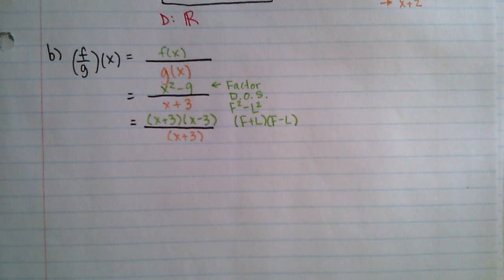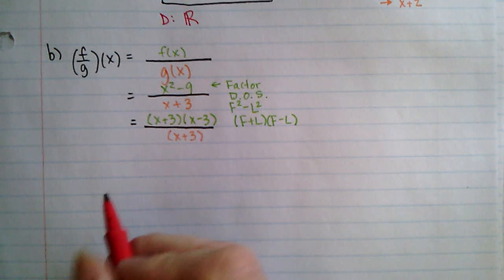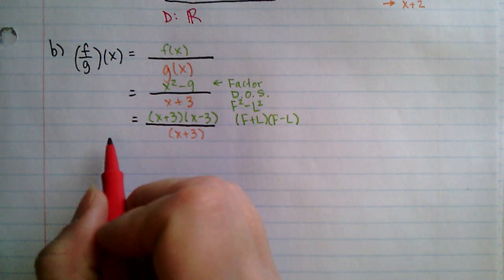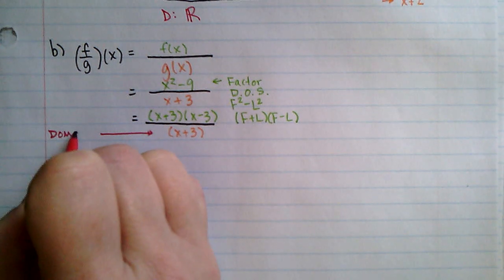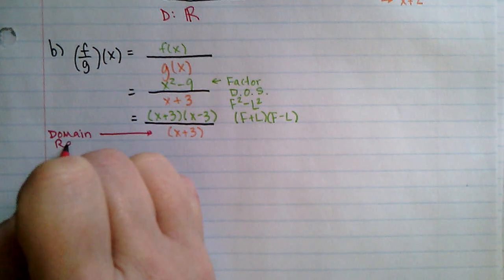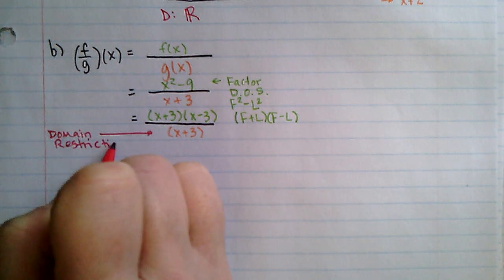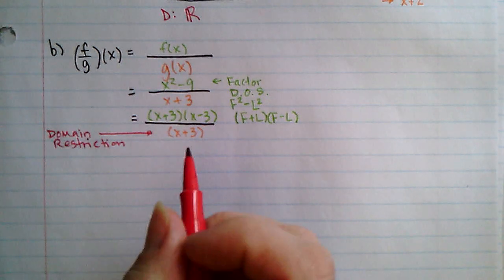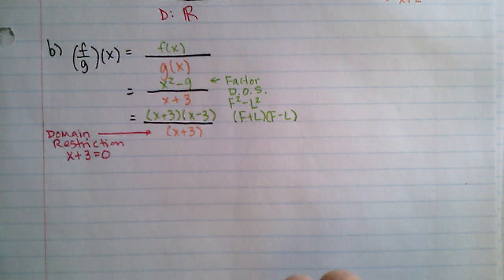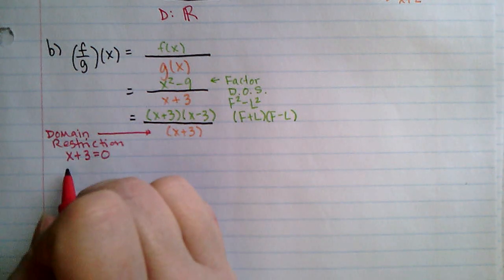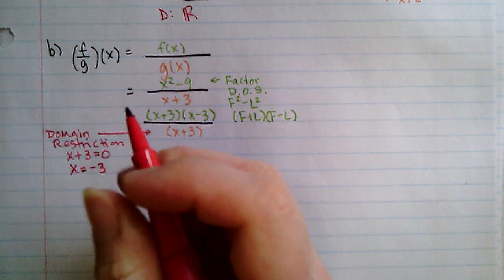But before I cancel, I want to get my domain restrictions. And since I have a variable in the denominator, that is going to create a domain restriction. And the way that I identify that domain restriction is to set the denominator equal to 0. So I do x plus 3 equals 0. I solve that to get x equals negative 3.